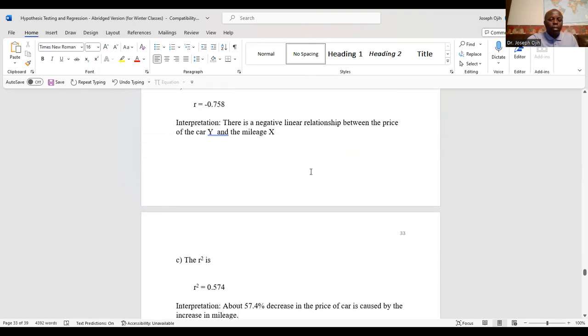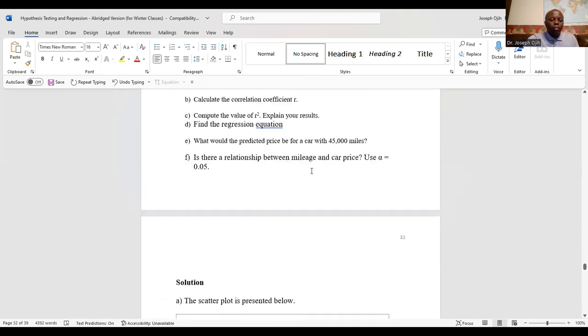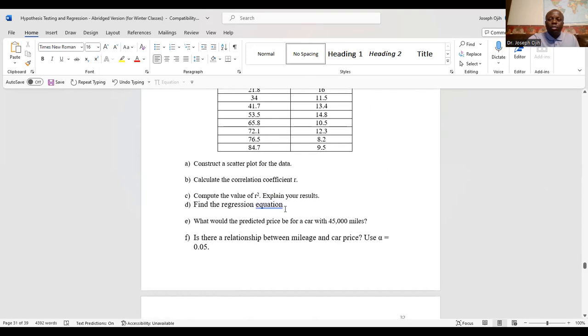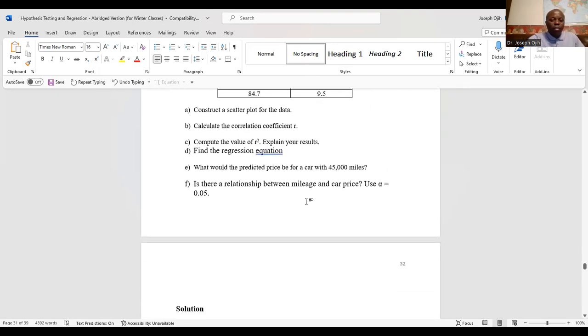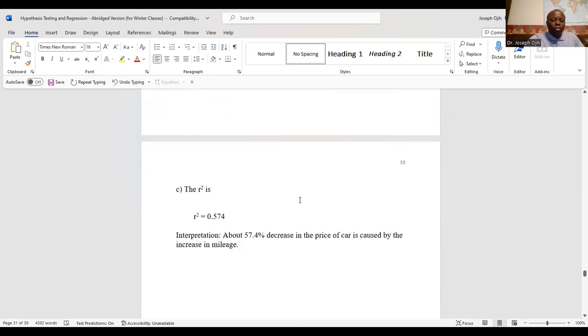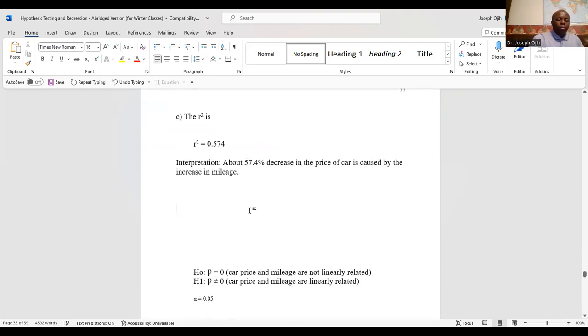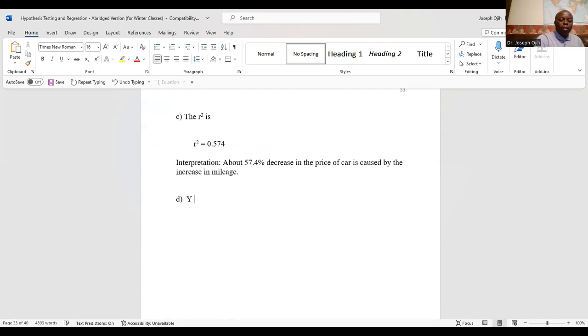The next is part D. Part D says find the regression equation. So the regression equation is, as you know, y equals mx plus b.